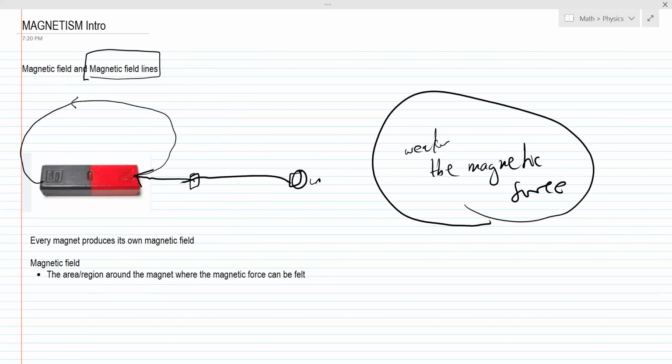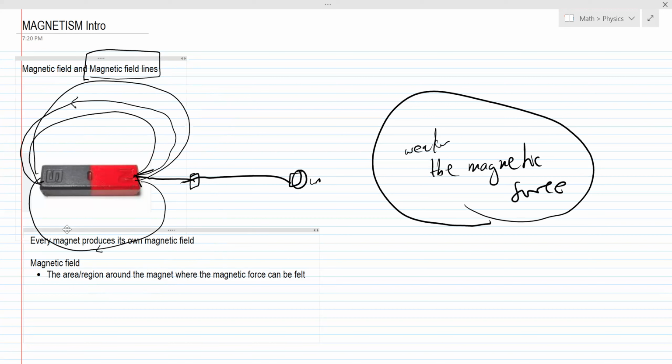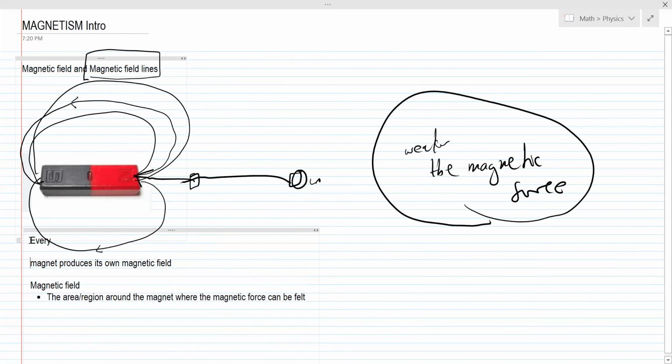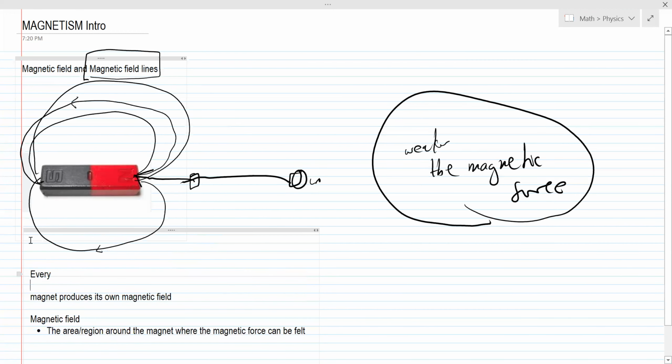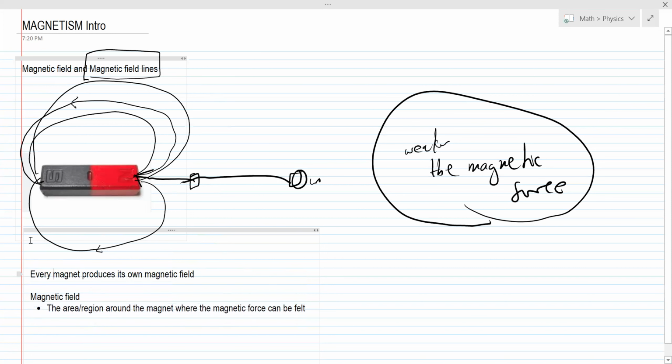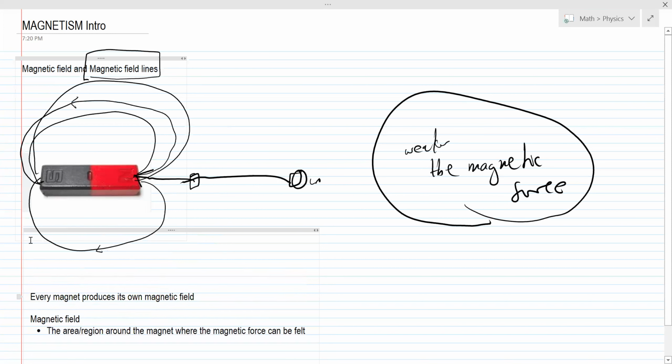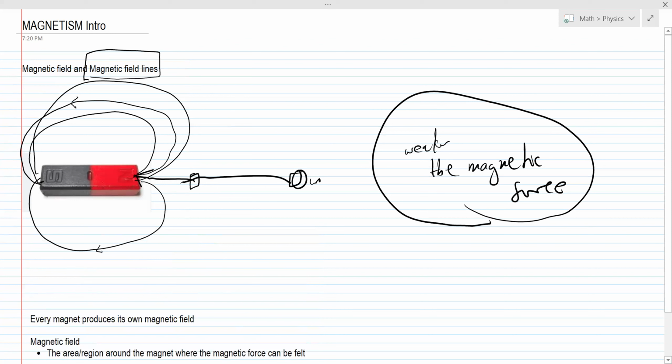I'll move this so you can see: like this, like this. It always goes from north to south.